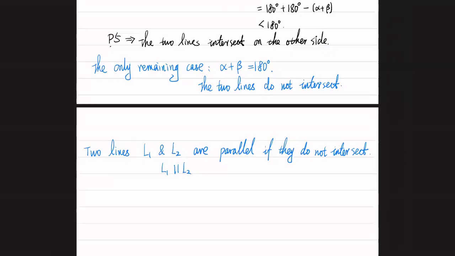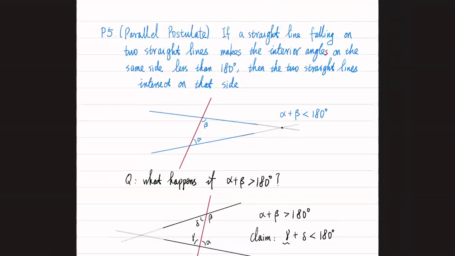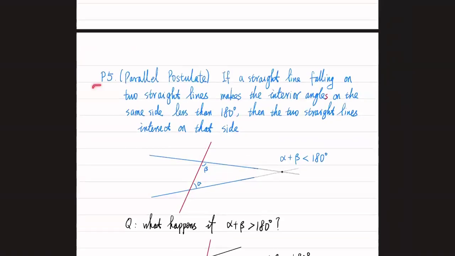Because of this, the fifth postulate is also called the parallel postulate. Question. Yes, Aaron. What does transversal mean? So here it's called a straight line falling on two straight lines, and later we will call this a transversal.